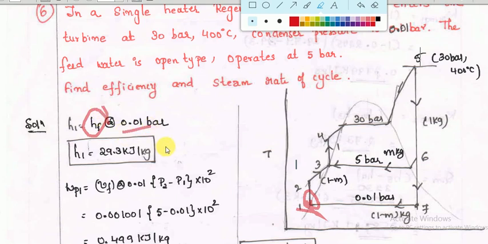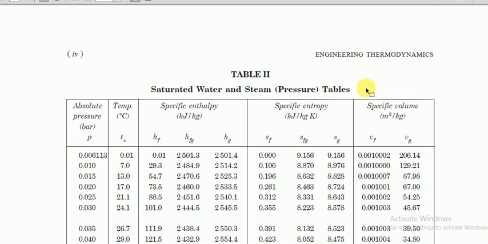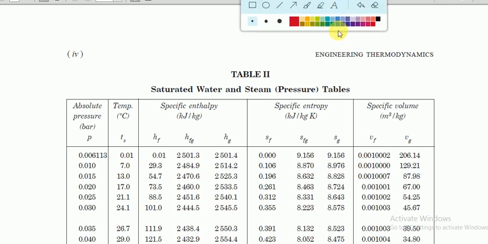So we have to move to the thermodynamics data handbook. As we look at the handbook, this is a pressure based chart. Here we look at our value of pressure in the condenser, that is 0.01 bar, and we have to find the enthalpy of the fluid.